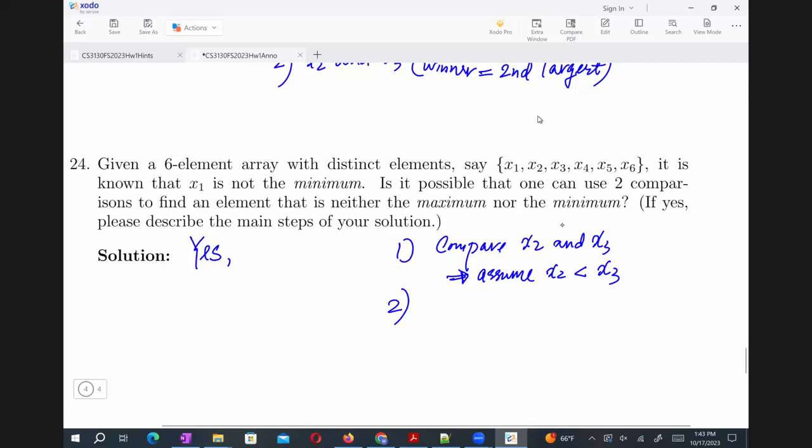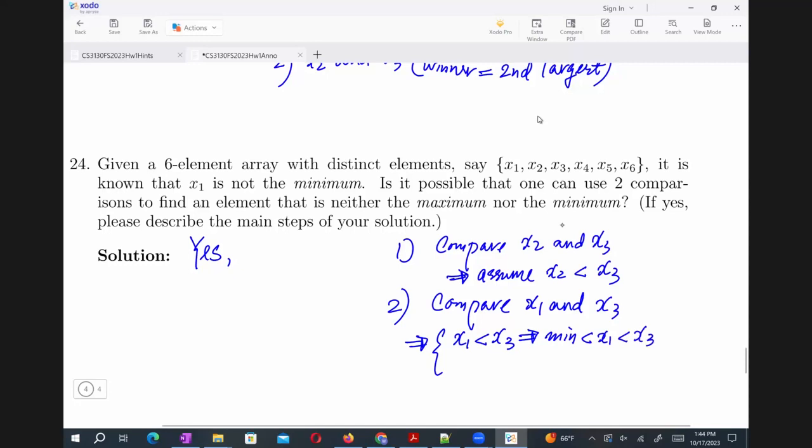Second round, compare x1 and the larger one, x3. Not the smaller one, the larger one. Then you have 2 cases. x1 less than x3. Because we know the minimum is less than x1, less than x3. So x1 is the solution.